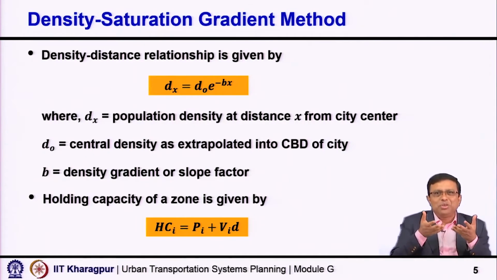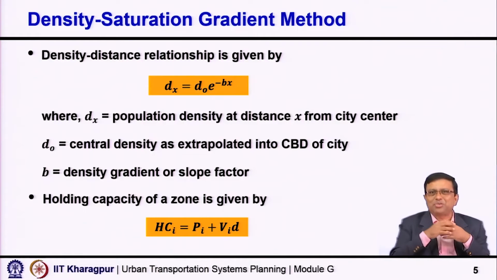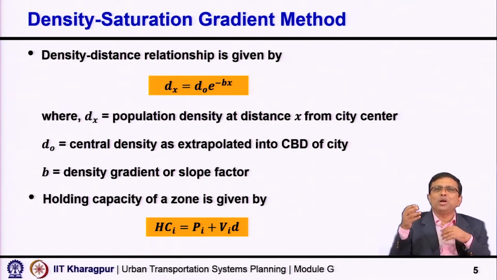So, tell me simply how much population an area can accommodate, how much already exists, how much population is already there. So, the number of population presently in this zone, that is Pi, plus the amount of vacant land that is there, and at what intensity of development is permitted for that land, right.